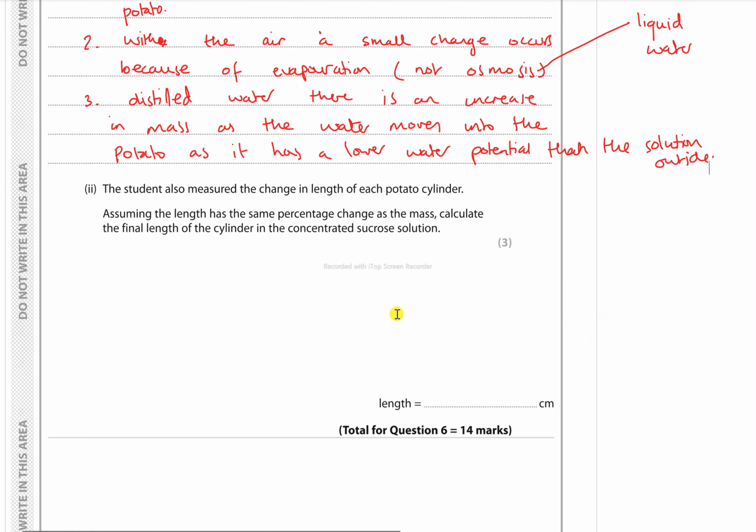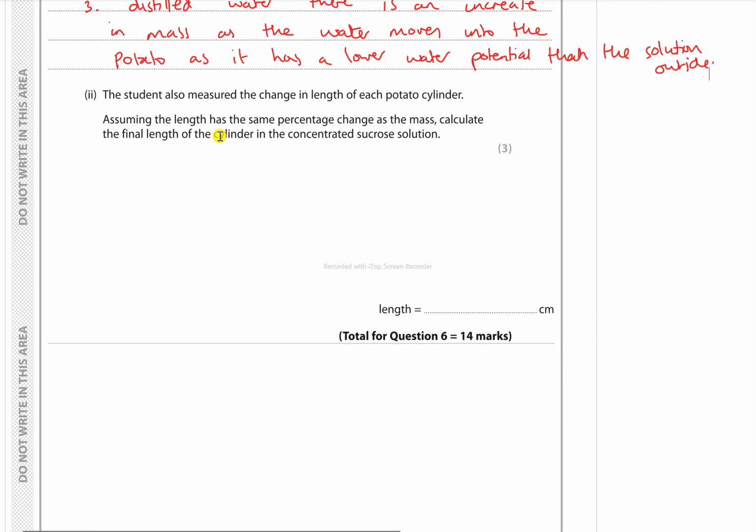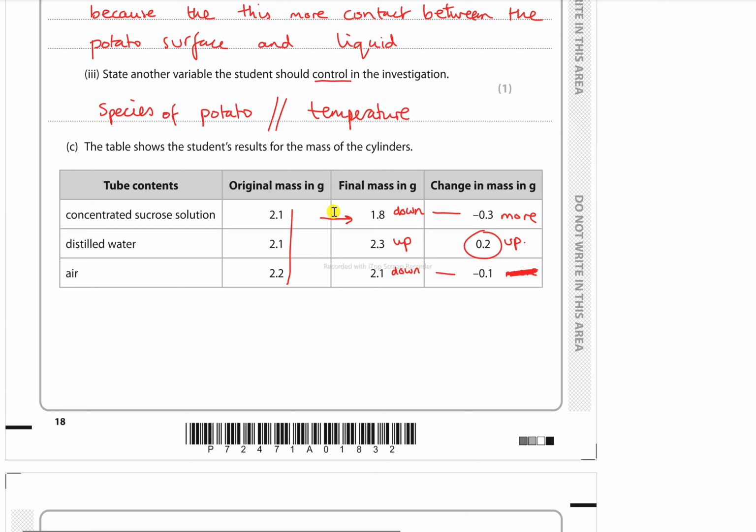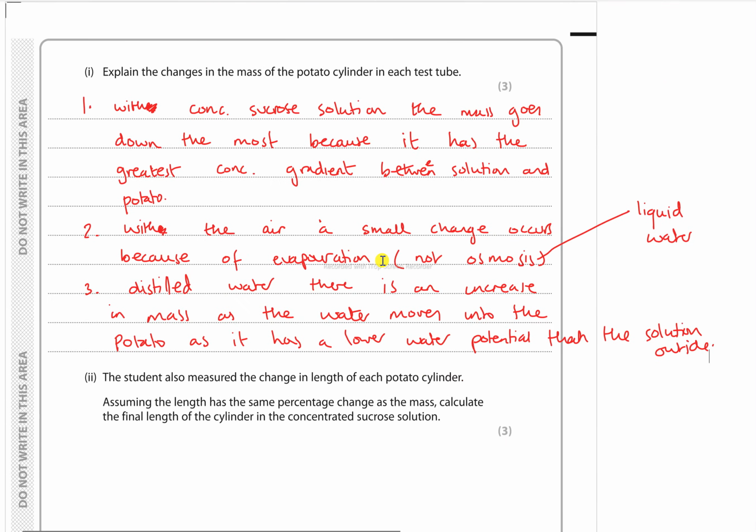Okay. Student also measures the length. Assuming that the length has the same percentage change as the mass, calculate the final length of the cylinder in the concentrated solution. Right. Calculate the percentage. So what's the change in mass?